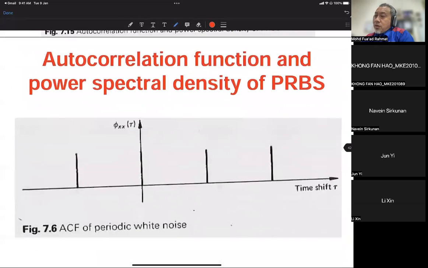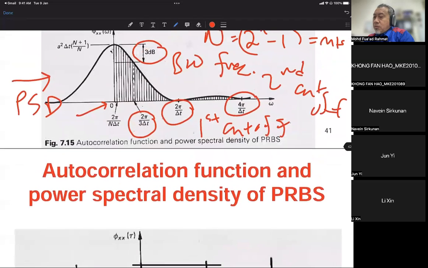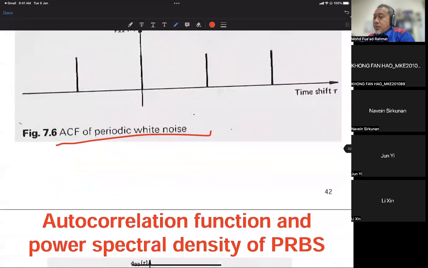And the autocorrelation function and power spectral density of PRBS, usually this one is for periodic white noise, but this one is for the PRBS signals itself. So it tallies a little bit. Maximum here can then repeat again according to the ACF.